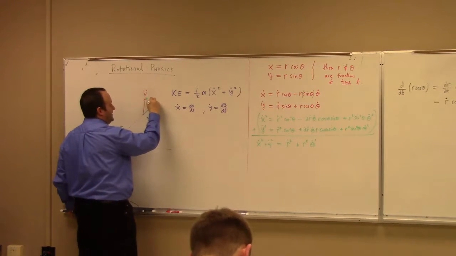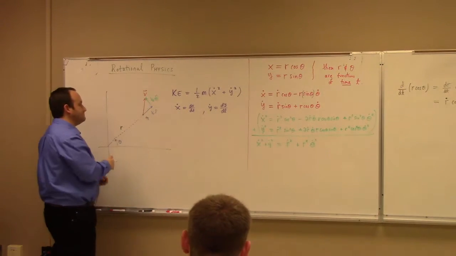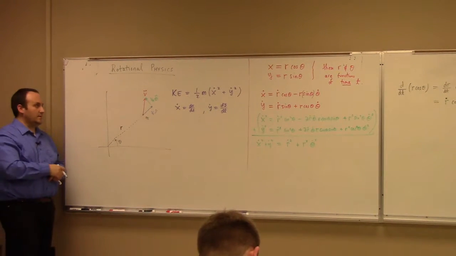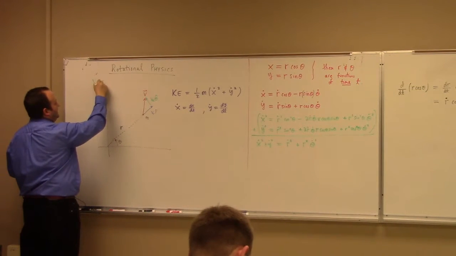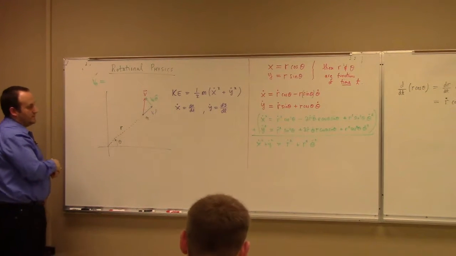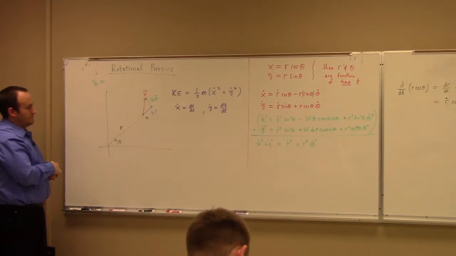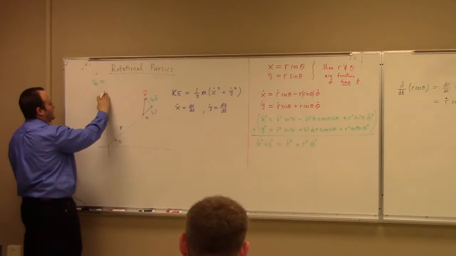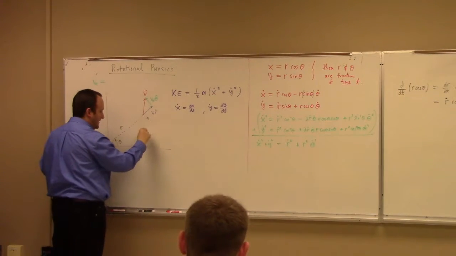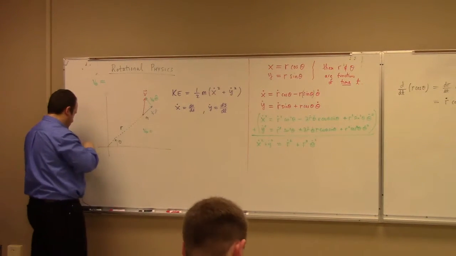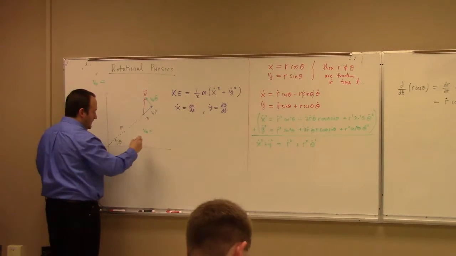I would call that v sub theta, theta hat perhaps. Now, usually you say v theta. What is v theta? V theta is equal to, and what's v r equal to? I'll write it down here actually. V theta equals to, v r equals to what?